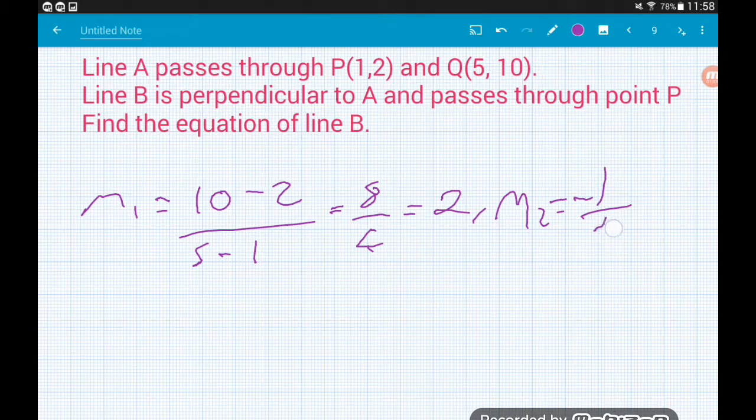So minus 1 divided by 2, minus a half. Cracking. So now we know that the equation of our perpendicular line is y equals, I'm just going to write that as minus x over 2. That's exactly the same as minus a half x, and then plus c.